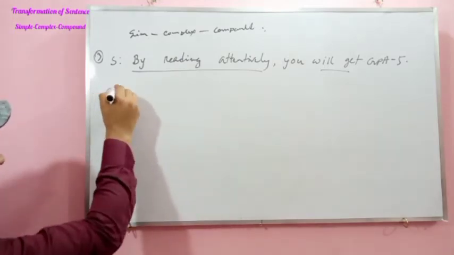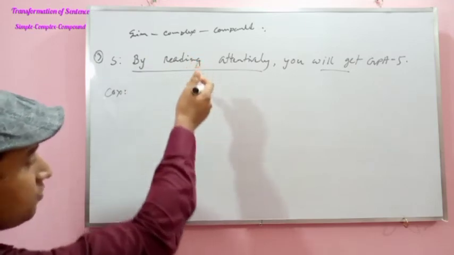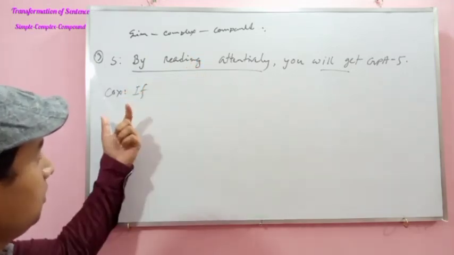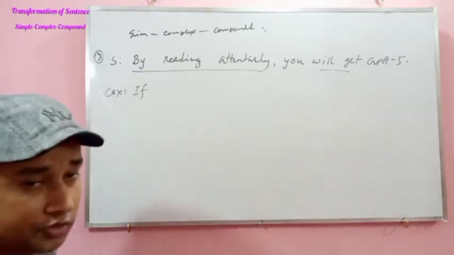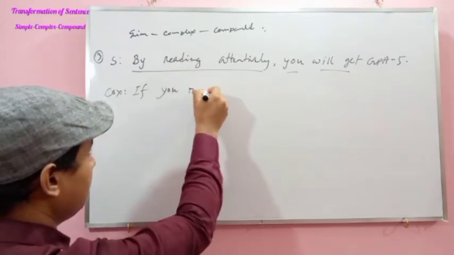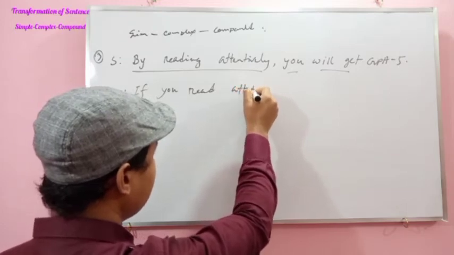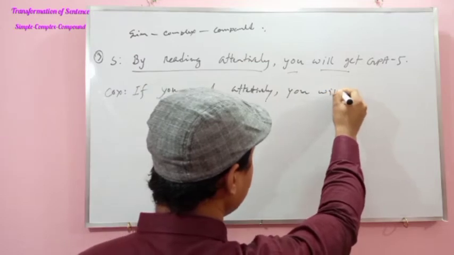Now I will transform it into complex. When you find by plus verb plus ing, you will give if before the sentence. Then you will make a clause. This is the subject, then the verb, then the other part of the sentence.